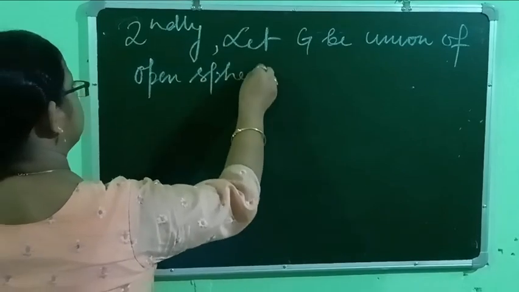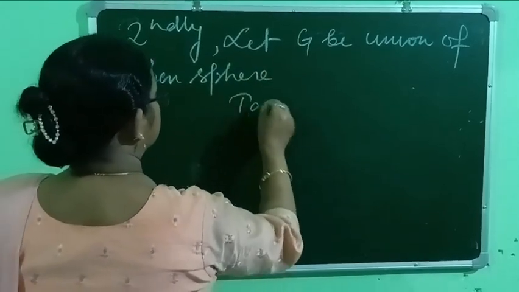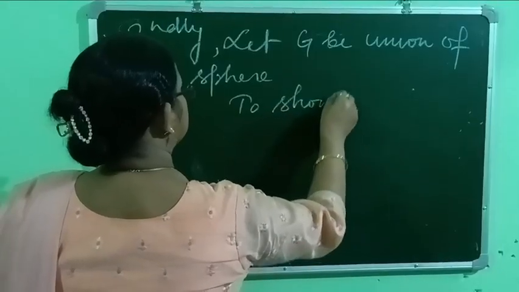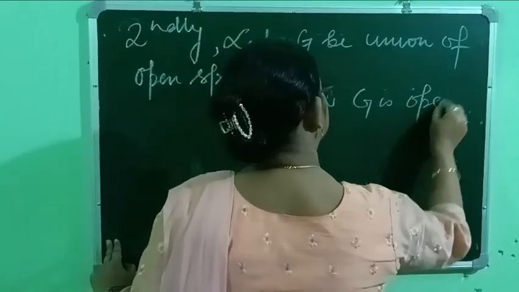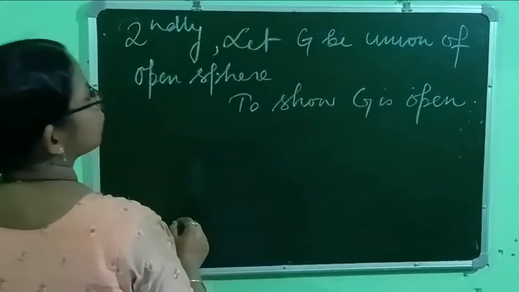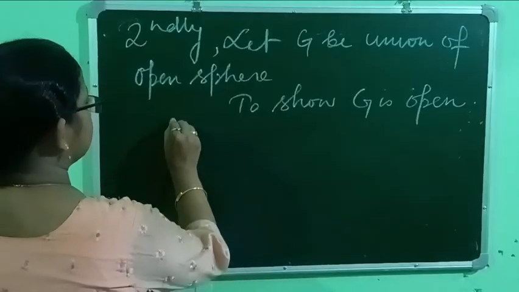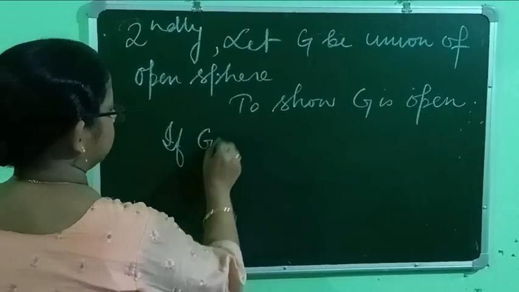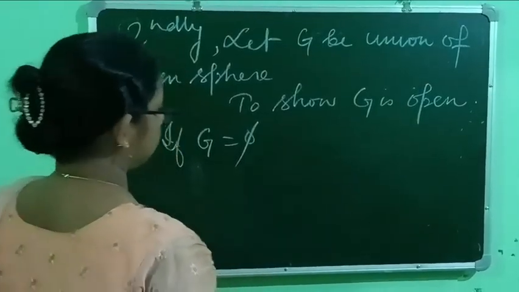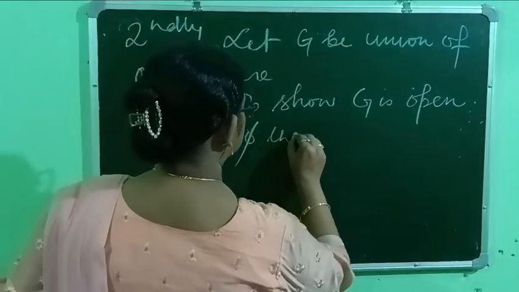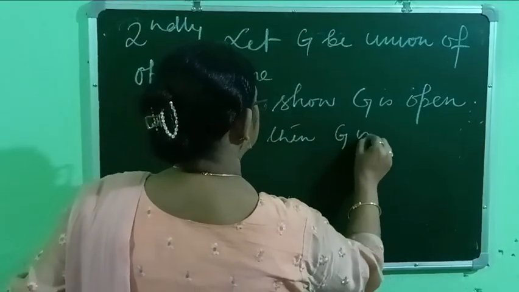To show G is open. If G is empty, there is nothing to do, G is open as the empty set is open.